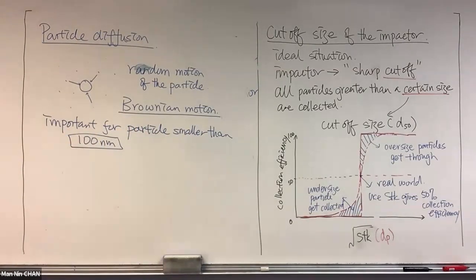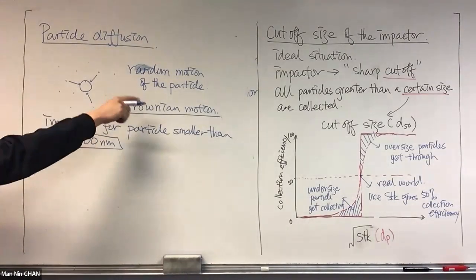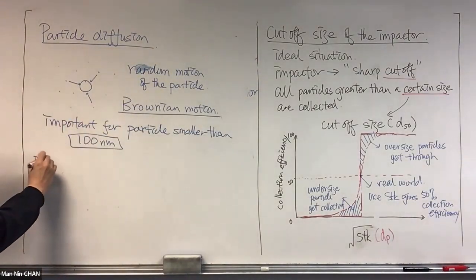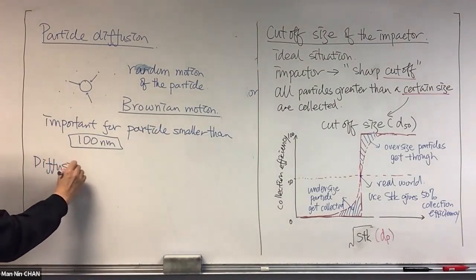Okay. So sometimes we say this is called Brownian motion, but when we say diffusion, what's the meaning of diffusion?